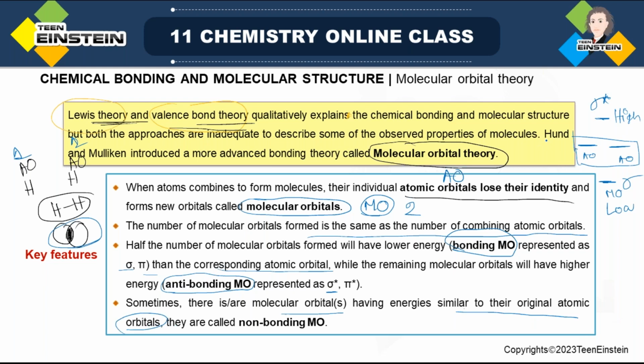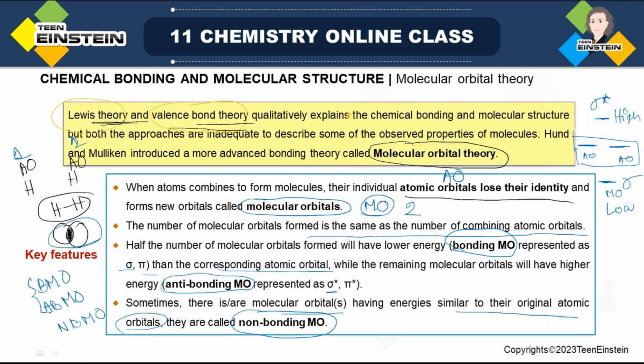So sometimes even after MO formation, there will be some MO or MOs that have the same energy compared to the original atomic orbital, and they will be called non-bonding MO. So bonding MO we call BMO, anti-bonding we call ABMO, and non-bonding we call NBMO or NMO. Okay, so these are the three possibilities.